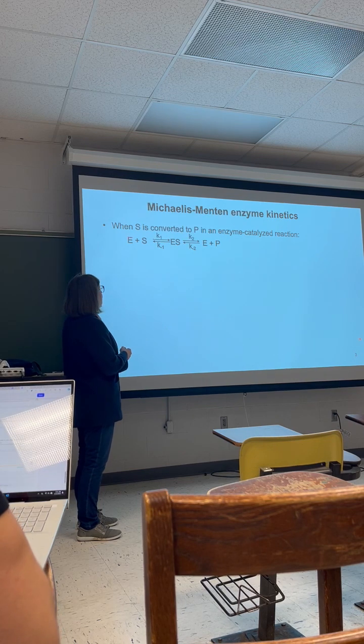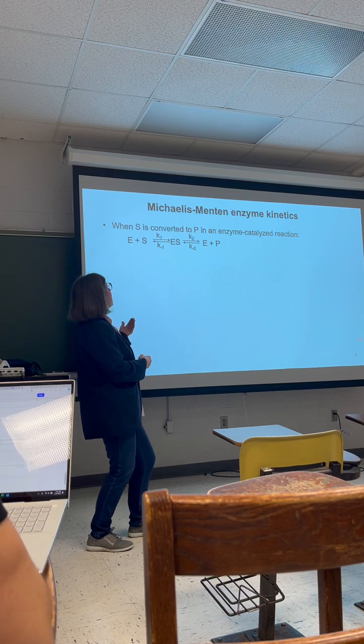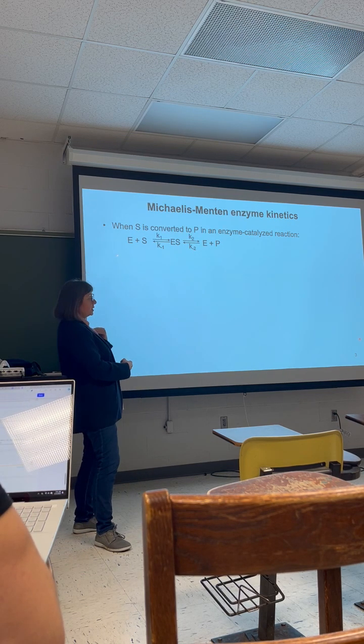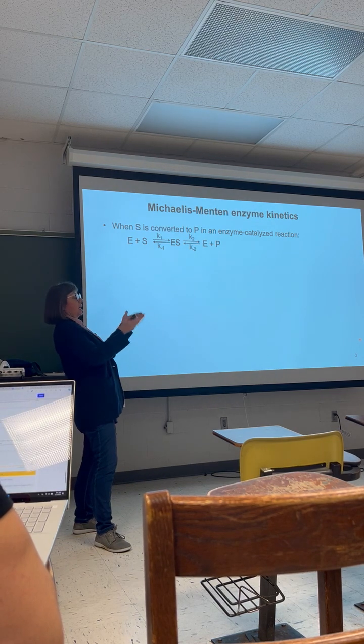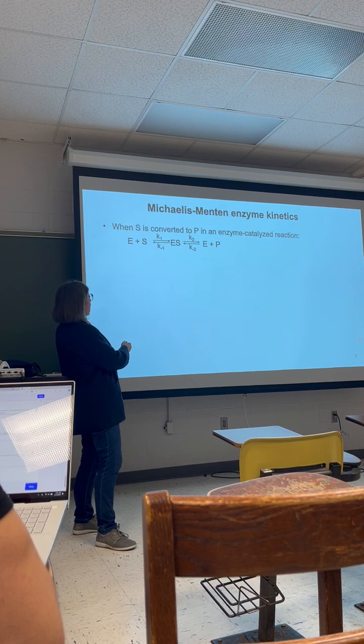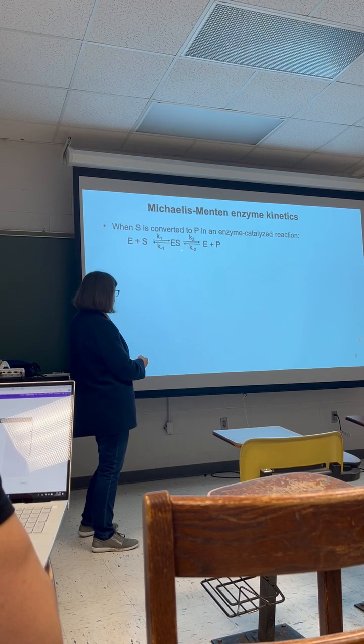So I can write two rate constants, K1 that goes from left to right. This rate constant describes how fast that complex will be formed, and the reverse reaction, because maybe that enzyme substrate complex will actually fall apart and you will still have free enzyme and free substrate. So the rate of the reverse reaction, let's call it K minus 1.